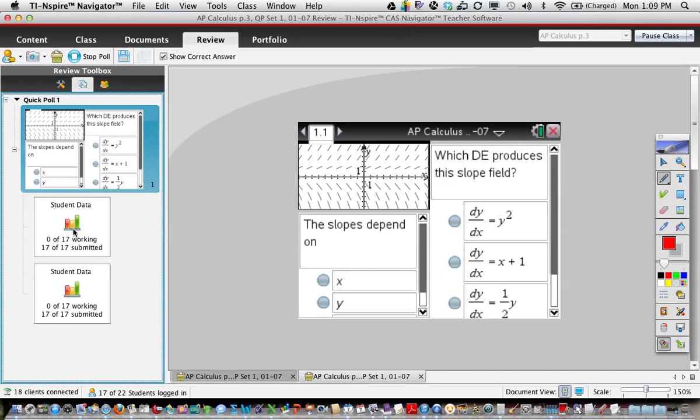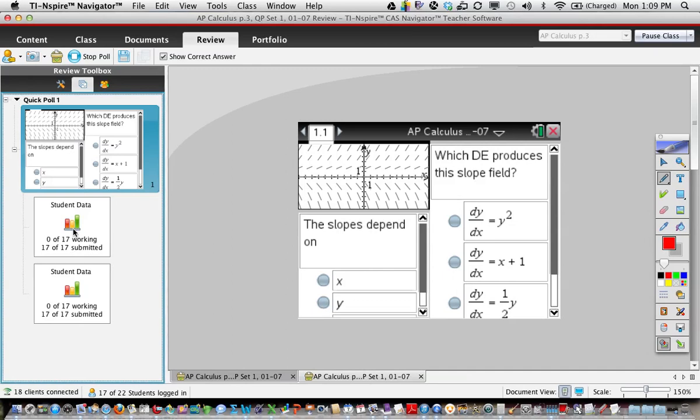So if I had the point 1, 1, or the point 1, 2, or the point 1, 3, what is the slope at those points of the graph? It'll be the same, but how much? At these 3 points, what's the slope? 3. Because in these 3 points, x is 1.